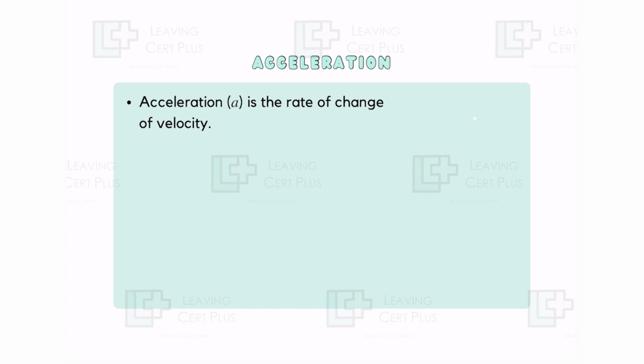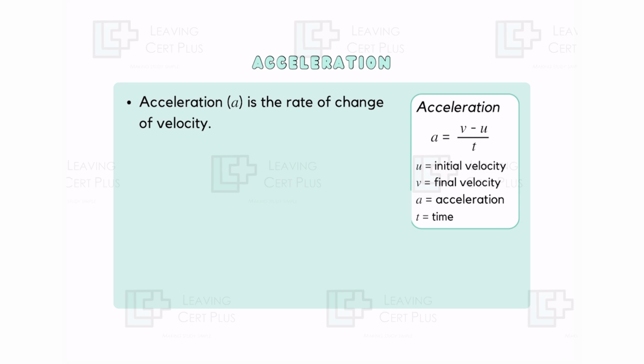And we can calculate acceleration using the following formula, where acceleration a is equal to the final velocity v, taking away the initial velocity u, and all that divided by time. Just a reminder that initial and final velocities are always represented with the same letters u and v respectively.